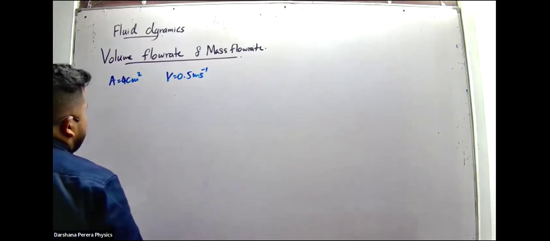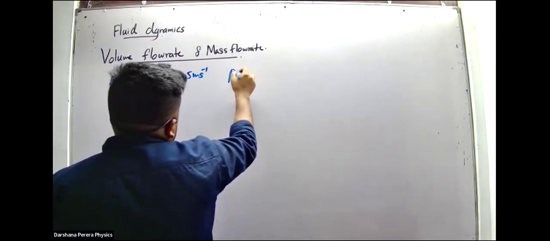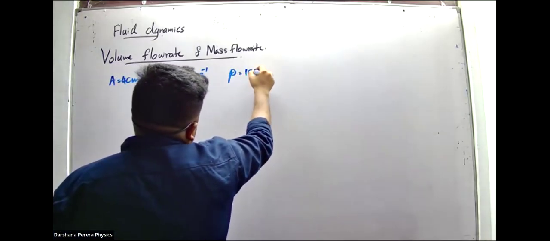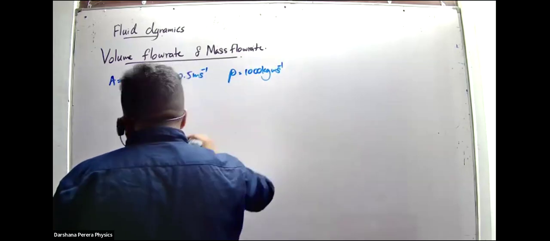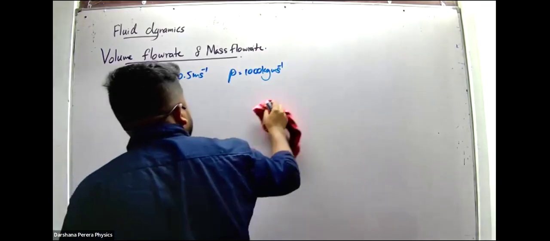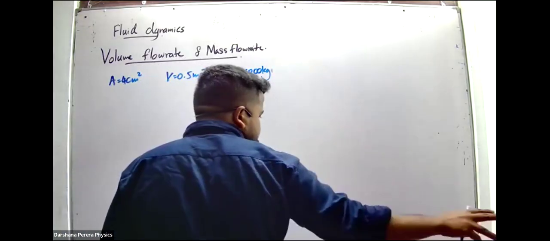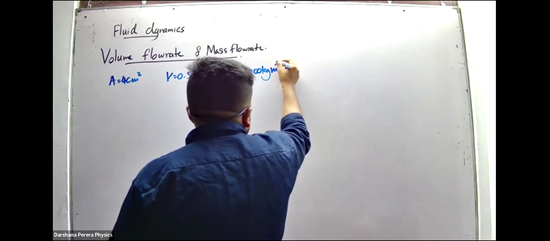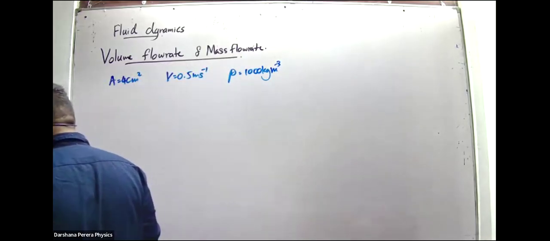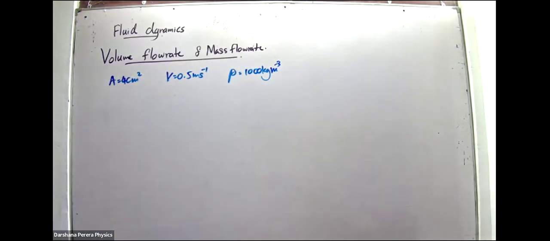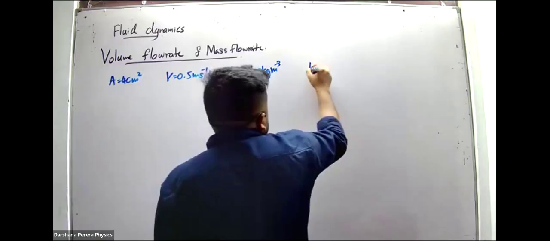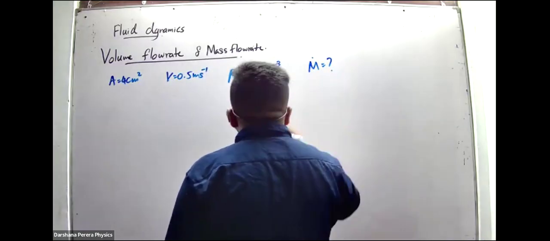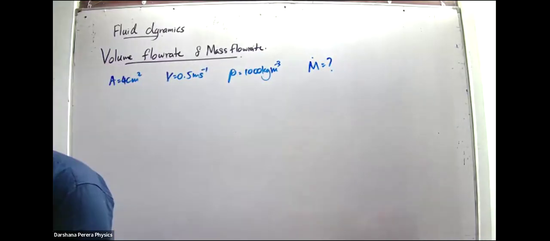The density of the fluid equals 1000 kg m to the minus 3. Find the mass flow rate. Quickly find out.